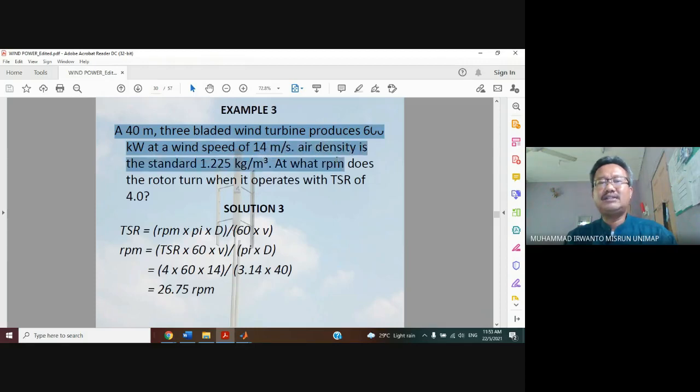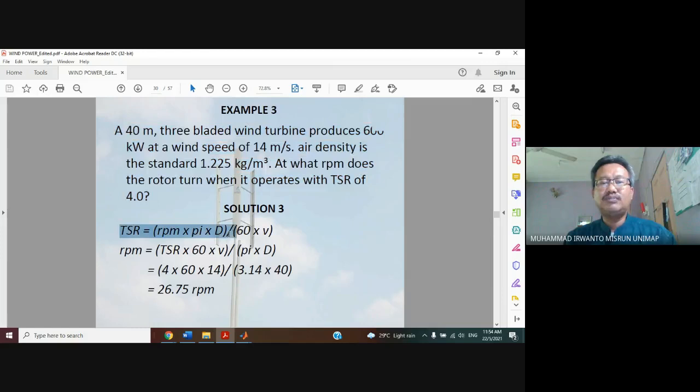Air density is the standard 1.225 kg per cubic meter. At what RPM does the rotor turn when it operates with a TSR of 4? Here we want to find the RPM for a blade diameter of 40 meters, wind speed 14, and TSR 4.